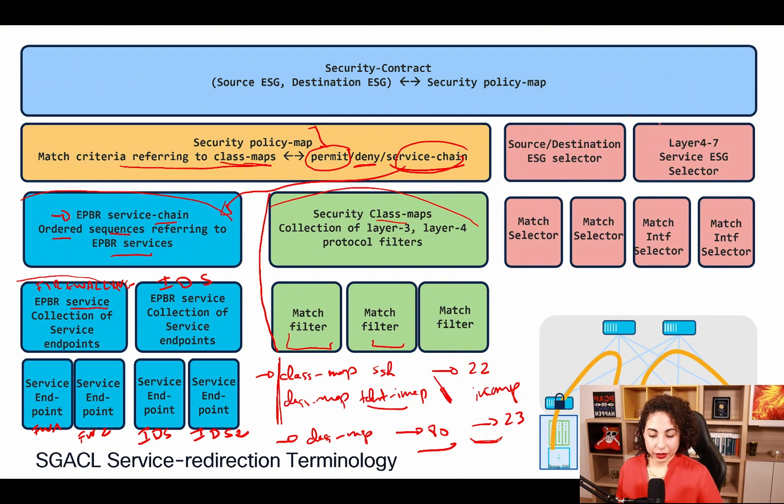This pink column is divided into two parts: one that we touched on in the previous video and one that is brand new. The one that we already touched on is this one. We are matching some selectors and putting the hosts matching these selectors into specific endpoint security groups.